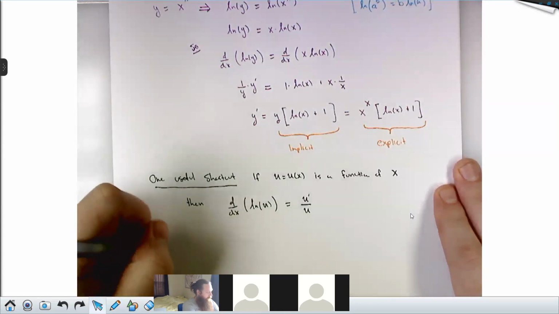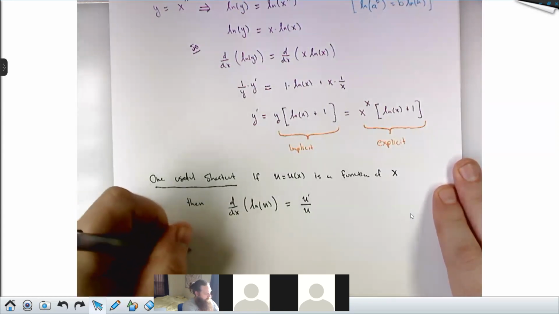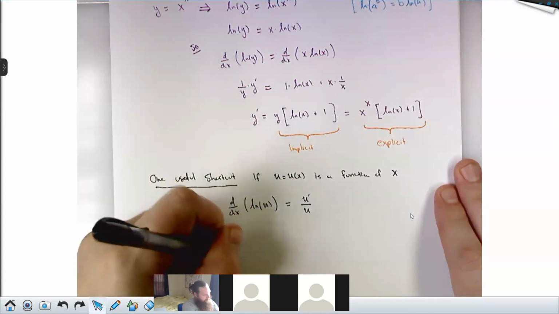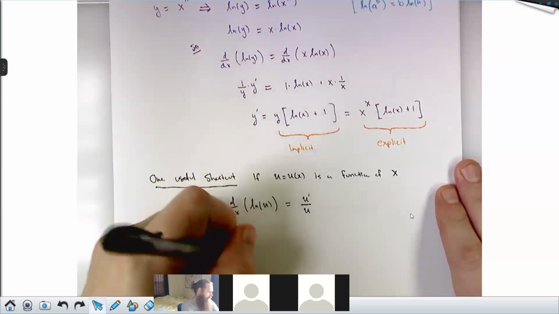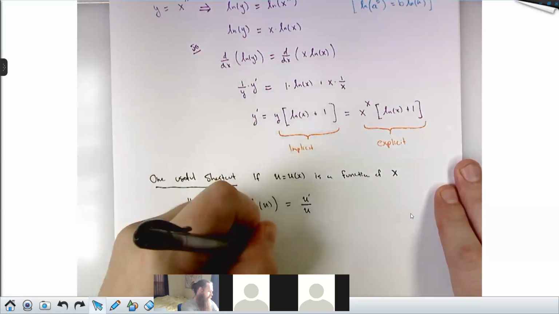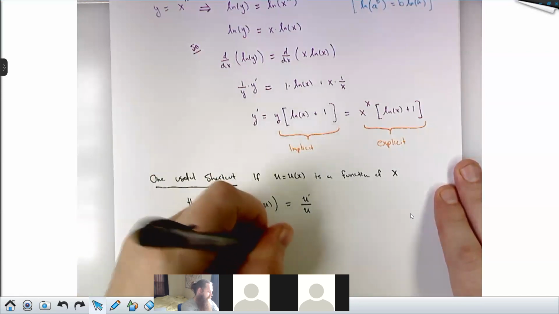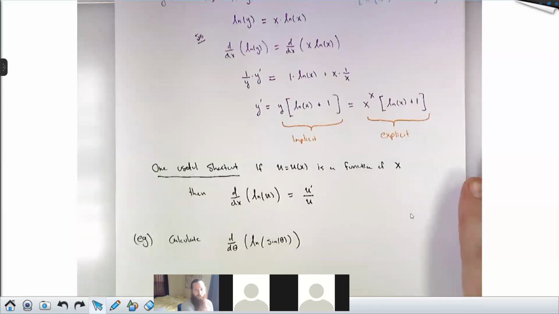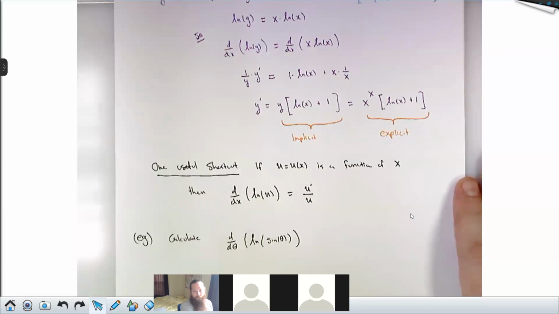So if I want to calculate d d theta of the ln of sine theta, here my u is like sine theta.